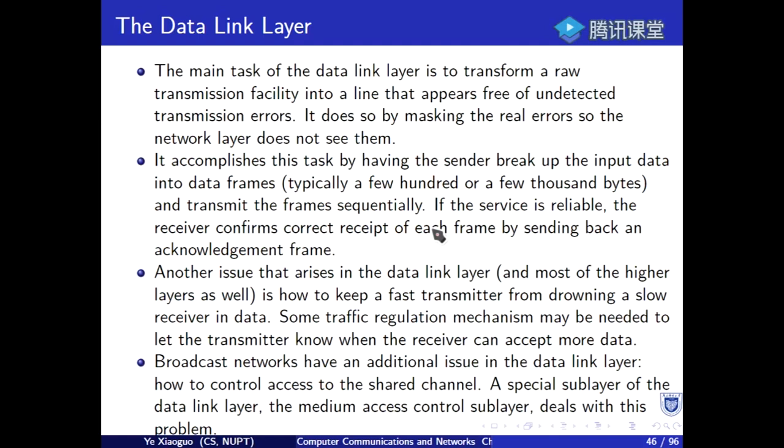It does so by masking the real errors, so the network layer does not see them. Where is the network layer? The network layer is the upper one of the data link layer. So the data link layer provides the transmission service for the network layer, right?